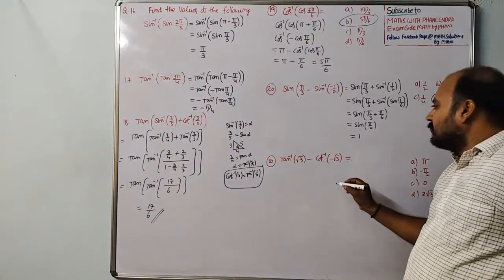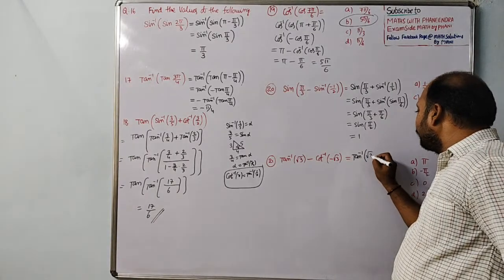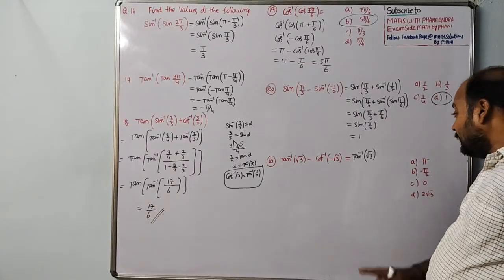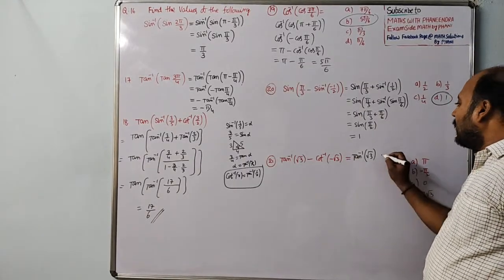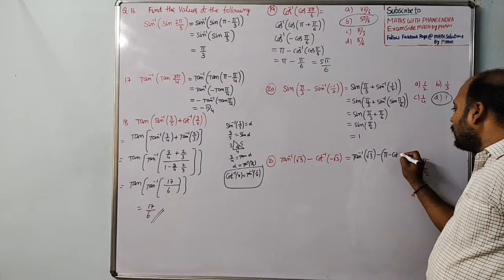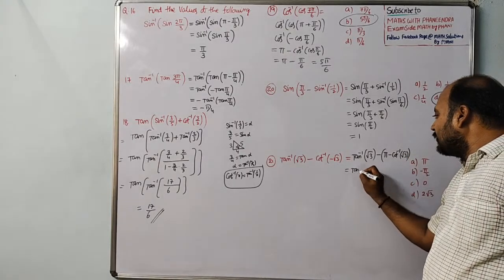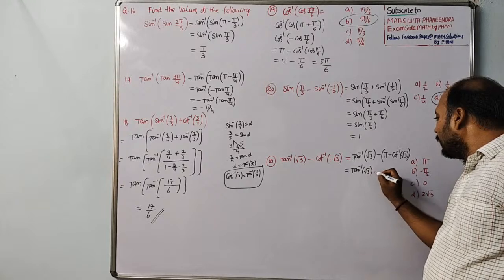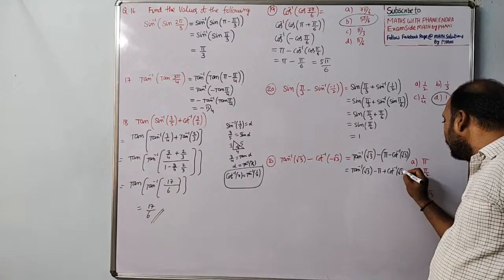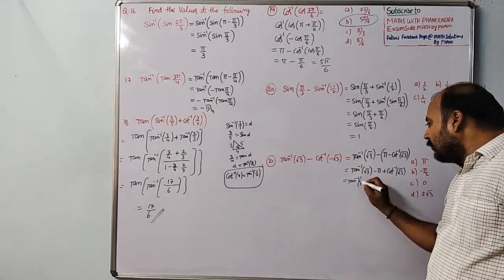Now come to the last question. Tan inverse of root 3, and for cot inverse, the minus will come, students. So already minus is there. No? So minus pi minus cot inverse of root 3. So which is equal to tan inverse of root 3 minus pi plus cot inverse of root 3. So tan inverse of root 3 for 60 degrees will come now.